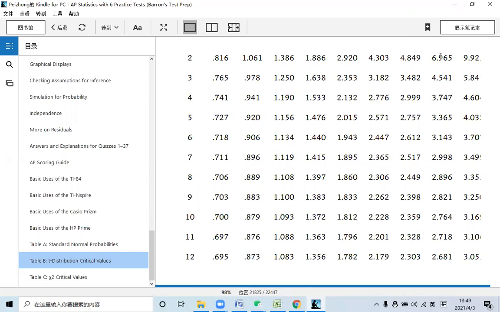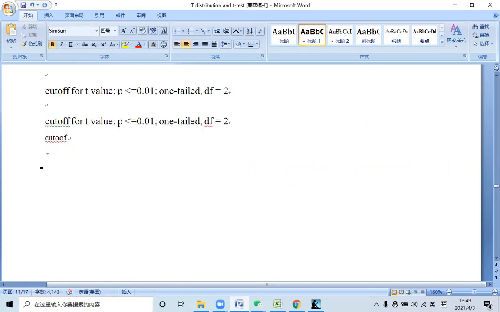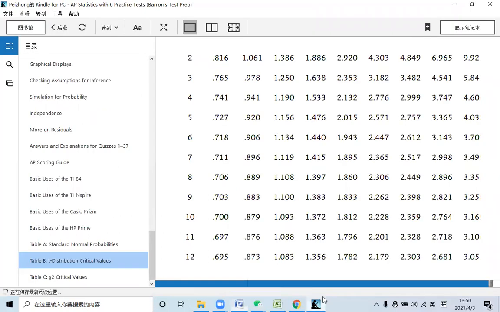So the cutoff is 6.965. Which is right here. Let me check that. 2 degrees of freedom, 6.965.